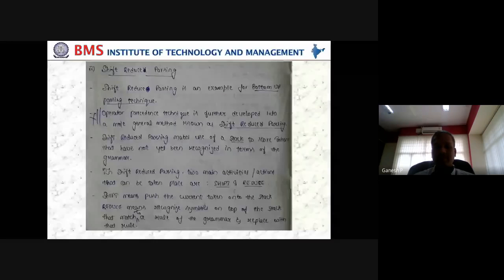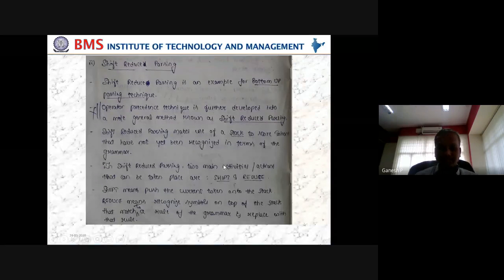Go back to our presentation. Fine. So that is the idea behind shift reduce parsing. We have seen operator precedence parsing earlier, which is a bottom-up approach. This is also a bottom-up approach, meaning that one after the other we construct, and finally we reach the top level grammar.